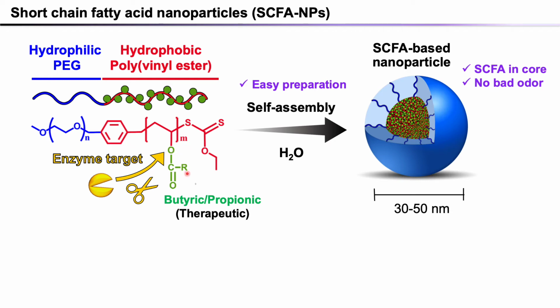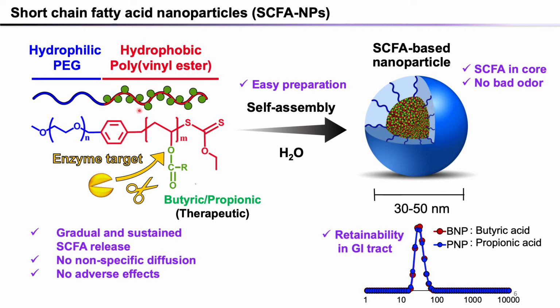Our polymer under hydrophilic conditions self-assembles into a nano-sized nanoparticle with hydrophilic PEG in the shell and hydrophobic polyvinyl ester and short-chain fatty acid in the core. So with this design, we can expect much more sustained release of short-chain fatty acid, which prevents non-specific diffusion and decreases the adverse effect.